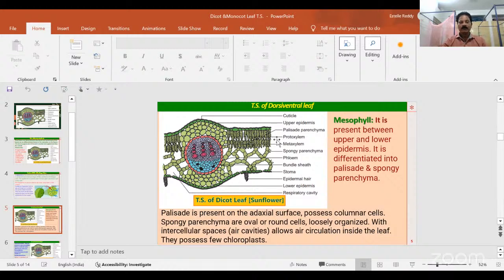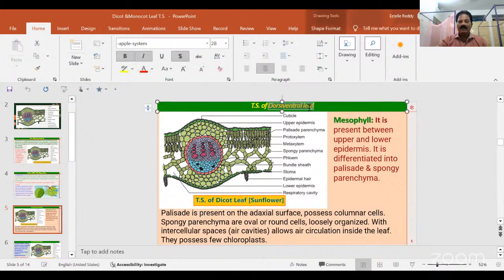As I told you, this dicot leaf is called a dorsiventral leaf. Why is it called dorsiventral? Since the dorsal and ventral sides are different externally and internally. This is the internal difference. Towards the lower epidermis, you can see loosely packed cells with large cellular or air spaces. This tissue is called spongy tissue or spongy parenchyma.